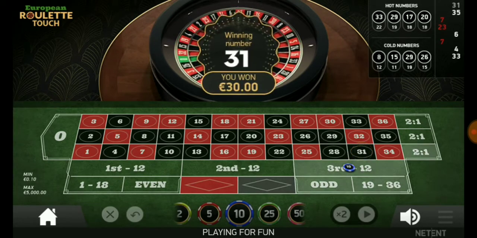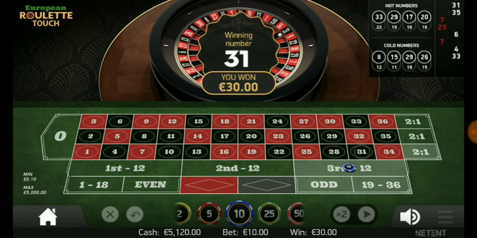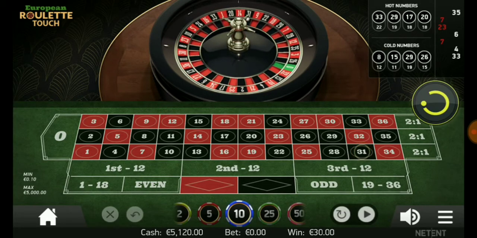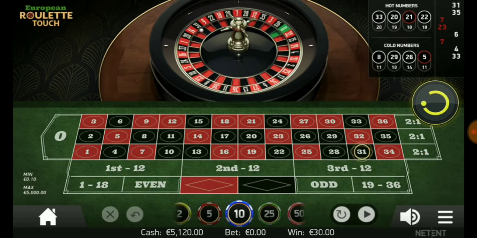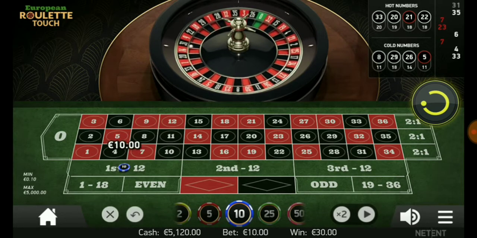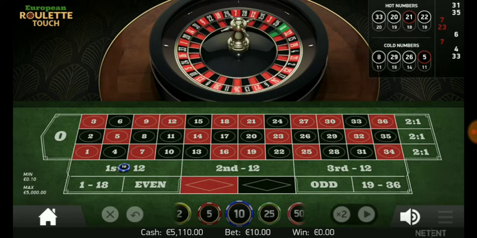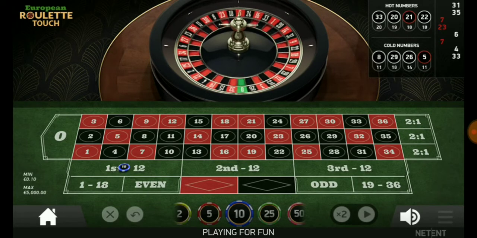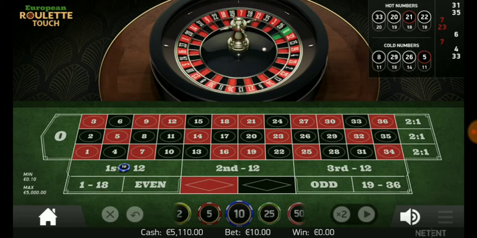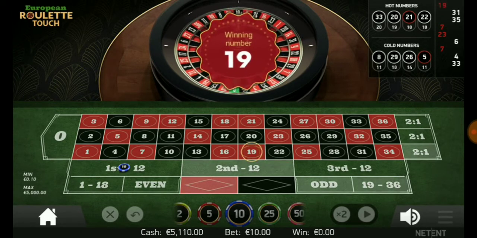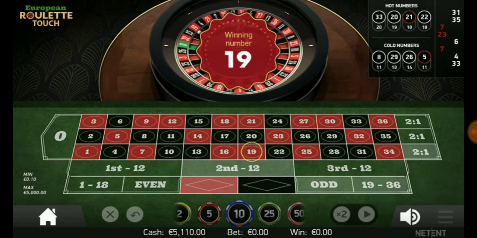The winning number is, oh nice, 31 black. So since I just won, I'm going to repeat my bet, but this time it will be on the first dozen. The winning number is 19 red.